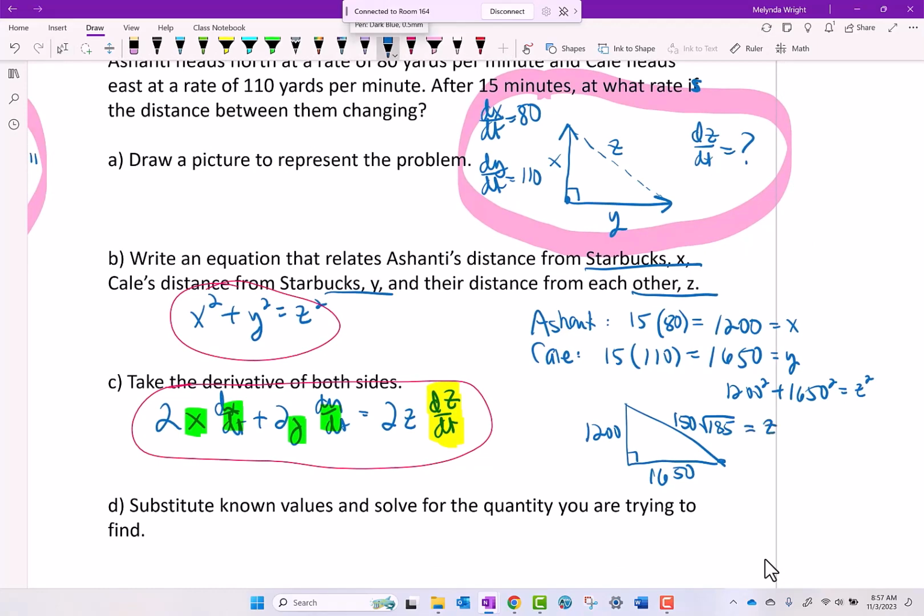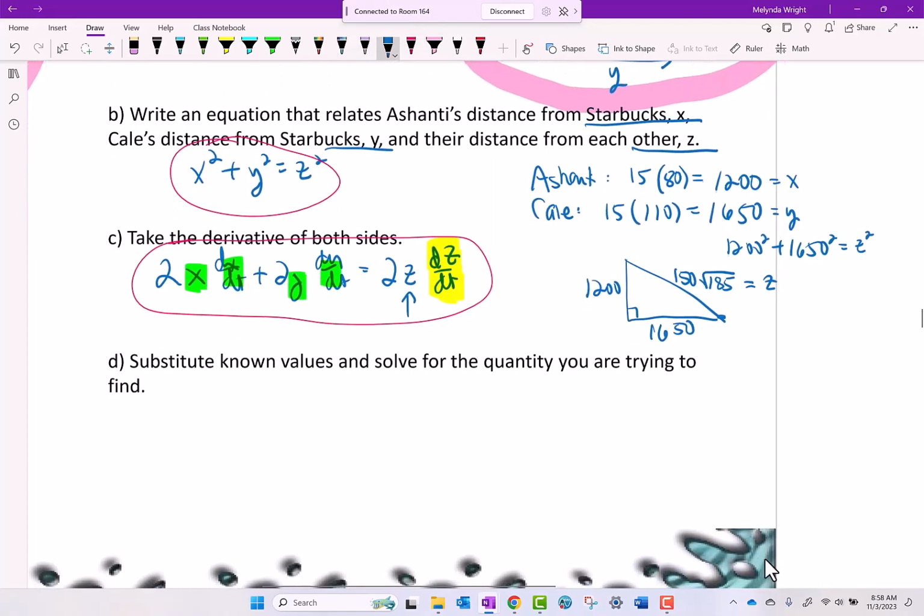Sorry, that's what z is. z is that number, and that's what I'm going to put right here. So I've got to solve for dz/dt, the one in yellow, by plugging in numbers for all the variables. We're just going back and verifying what those numbers are. Is that okay? Okay, so now let's plug those numbers in.